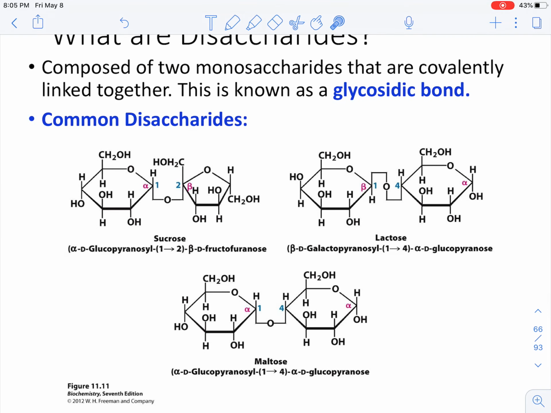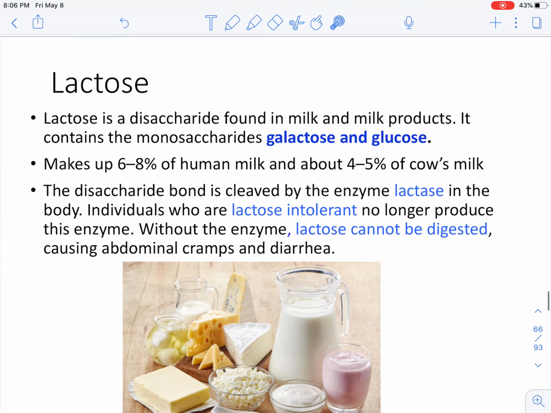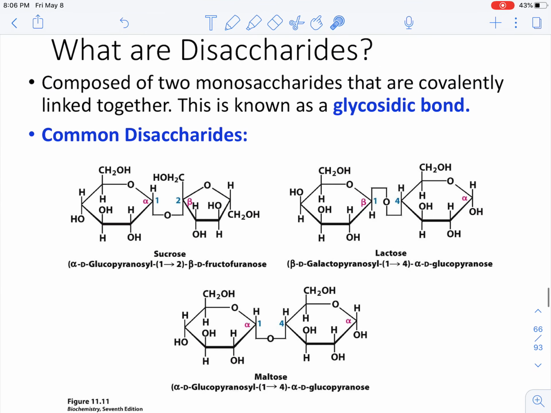Typically, these carbohydrates are used as fuel in the form of ATP, and so they have to be broken down. The enzyme lactase catalyzes the reaction of separating, or destroying, this glycosidic bond so that the glucose subunit can separate from the galactose subunit.